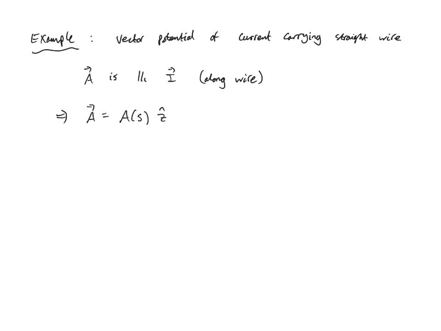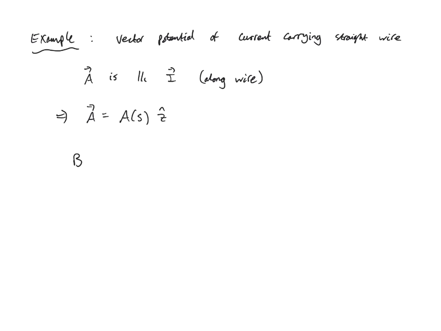So the vector potential can only just die off as we get further away from the wire, as parameterized by the radial distance s. And we know that it goes along the wire, which I'm assuming here to be in the z direction.